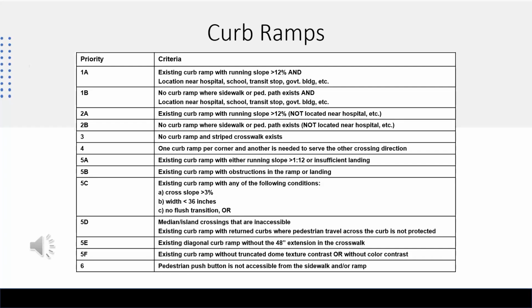This is a very rudimentary example, but at least it helps you visualize the prioritization of curb ramps within an ADA transition plan. This is a simple example of that kind of prioritization.